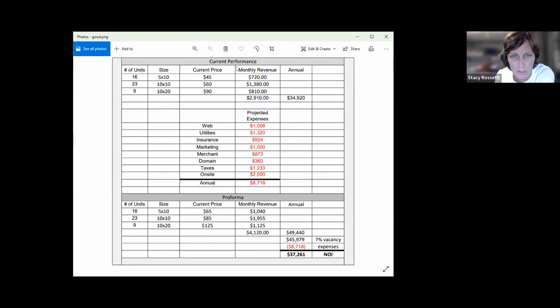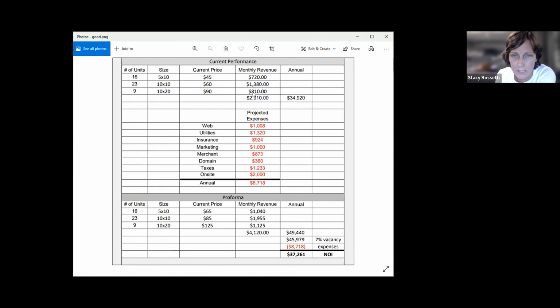Okay, so as you can see here, there are 16 5x10s that they get $45 for. It's $700, and they make $720 a month off of that. 23 units that are 10x10 at $60, they make $1,380 a month, and 9 units that are 10x20s at $90 each, and they make $810 a month.